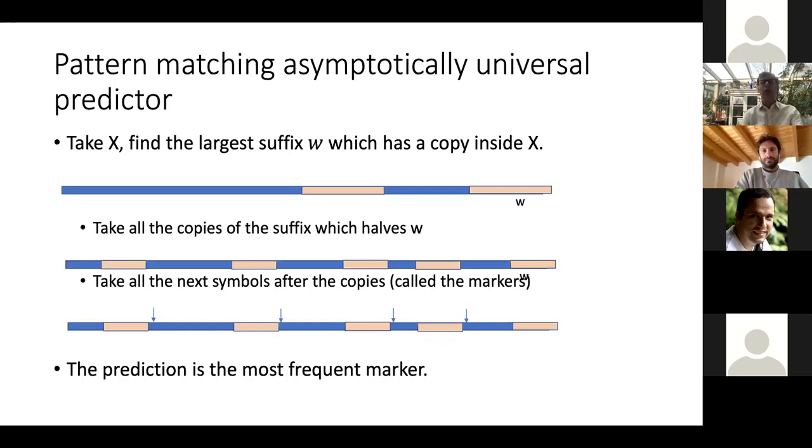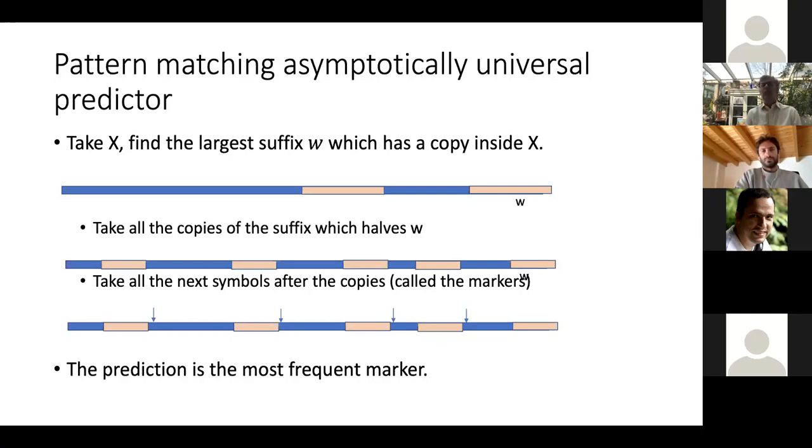You may have several copies if the alphabet is greater than binary. Here, if I consider that my sequence is stationary, I could take the next symbol of this copy and decide it is the prediction.